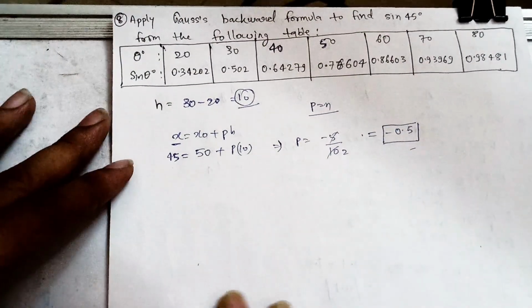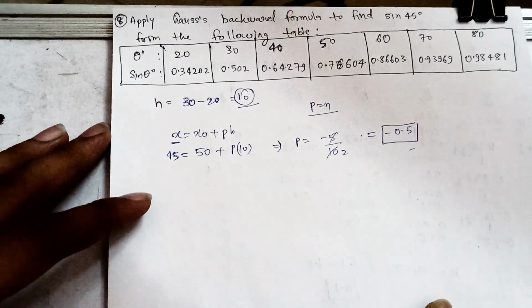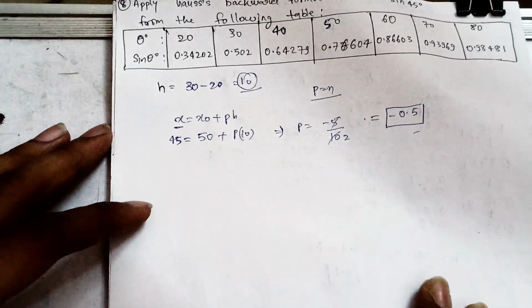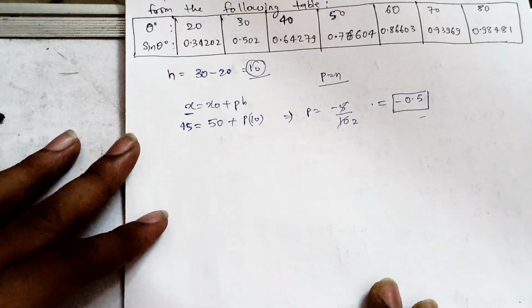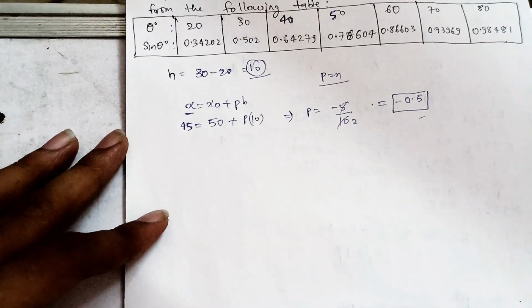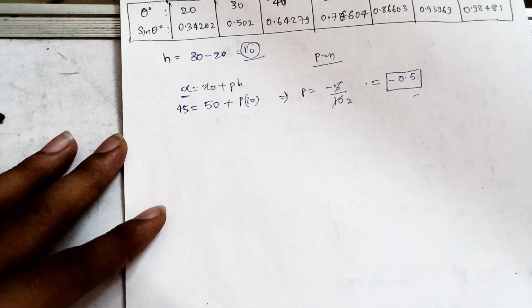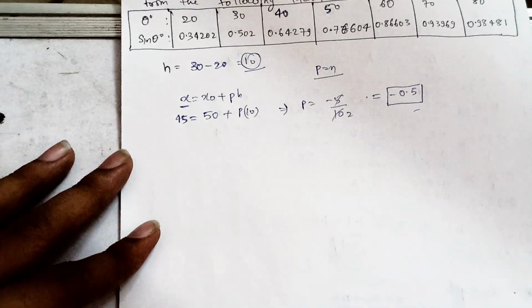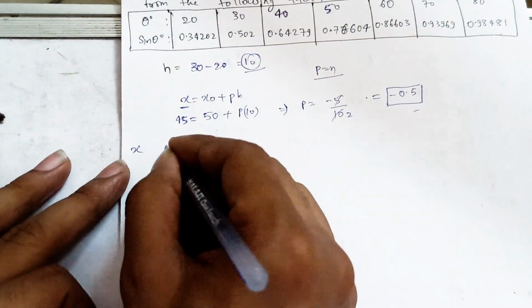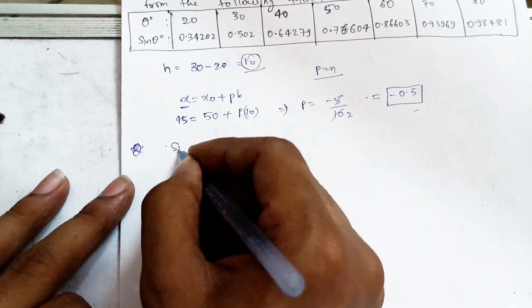Since we have already found p and h for the given table, now we need to form the difference table. Firstly, I am going to write out x, theta and sine theta as they are.